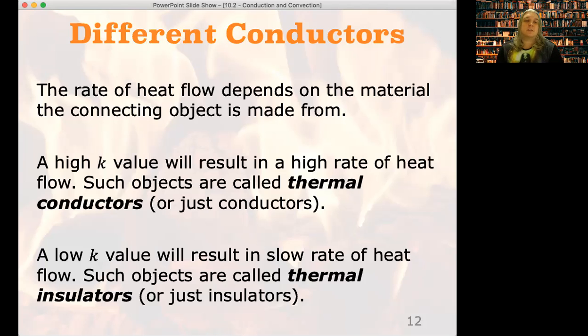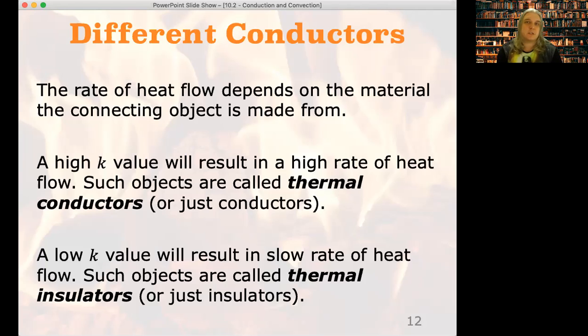Now, just another note on the terms conductor and insulator. As you'll probably be aware, we use these words for a lot of different things. We can talk about electrical conductors and insulators. Here we're talking about thermal conductors and insulators. But often when we're dealing with a problem, we'll just say conductor or insulator. We won't specify thermal or electrical. And that means that you have to be able to read a problem, figure out a scenario, and understand if someone's talking about a conductor or an insulator, whether they mean thermal or electrical.